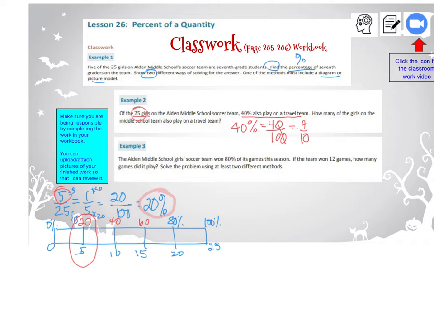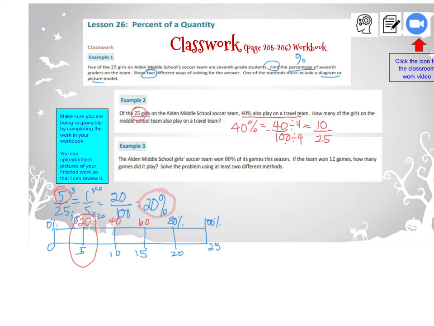So let me go to my eraser, and let me do my 40 out of 100 to get my 40%. And then if I divide this by 4 and I divide this by 4, I'm going to get 10. And then here, like a dollar divided into 4 parts, I get 25 a piece.